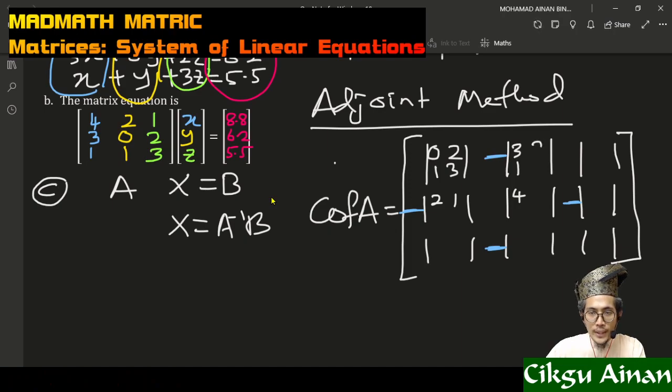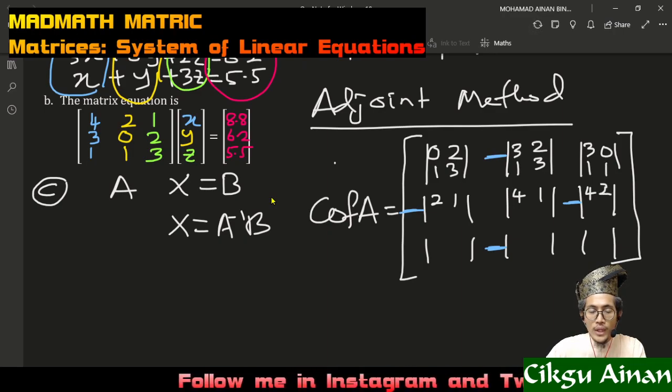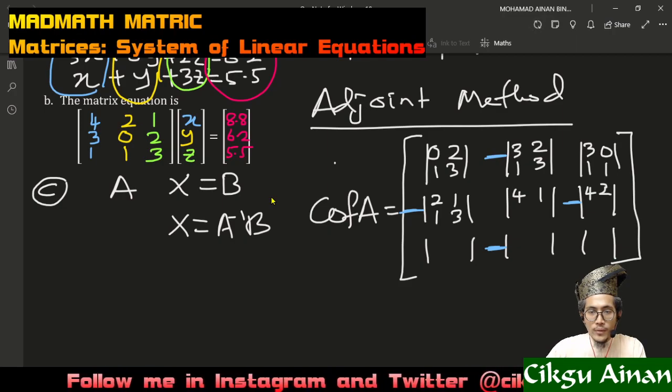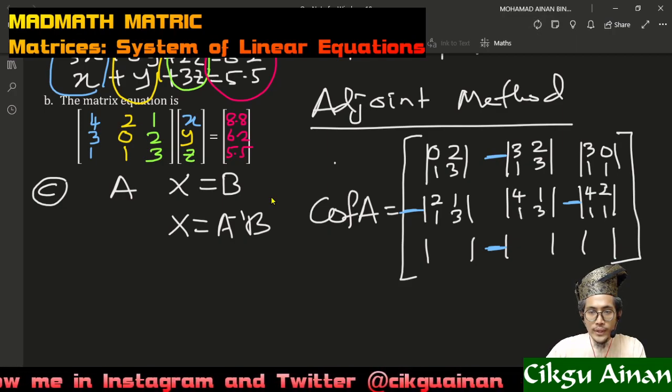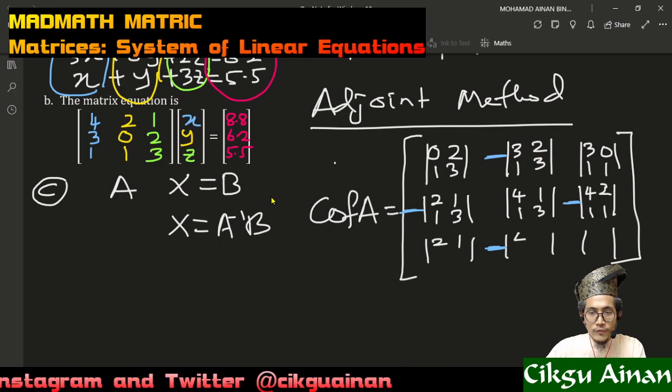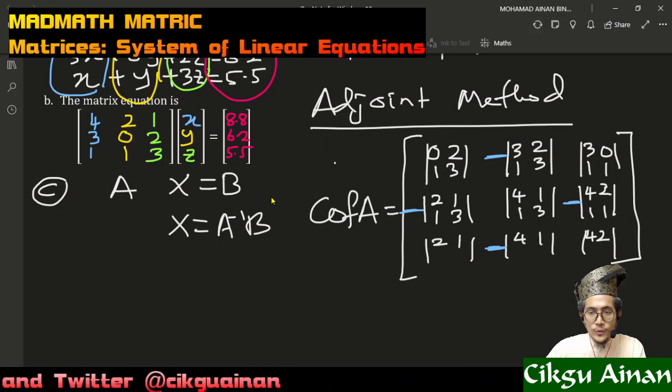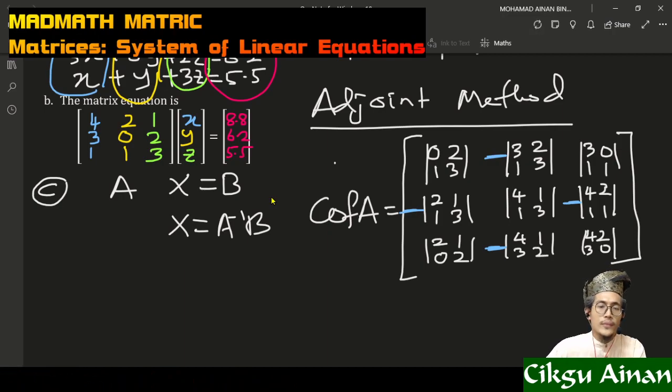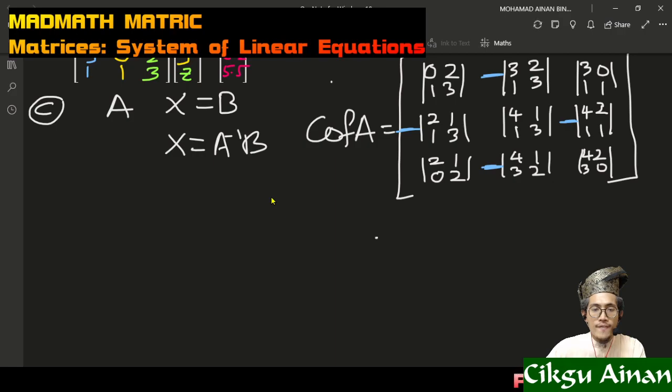And then copy paste. 3, 1, 4. 0, 1, 2. Oh, sorry, 2. And then 1, 3, 1, 3, 1, 1. 2, 1, 4, 1, 4, 2. And this one is 0, 2, 3, 2, 3, 0. So that is the coefficient.